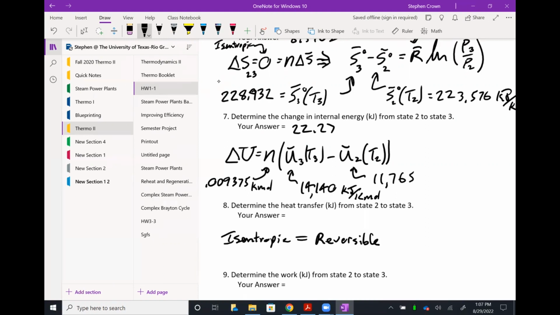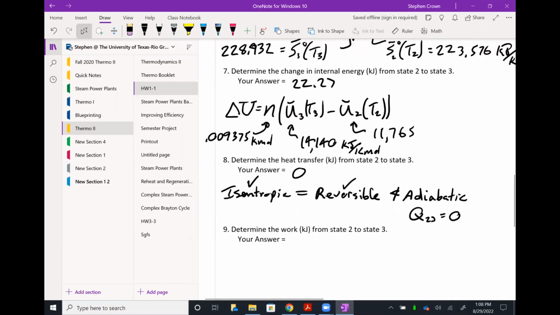So if we know it's isentropic and internally reversible, it must be adiabatic. Adiabatic just simply means Q 2 to 3 is equal to 0. So there's no heat transfer for this process. The answer here is 0.